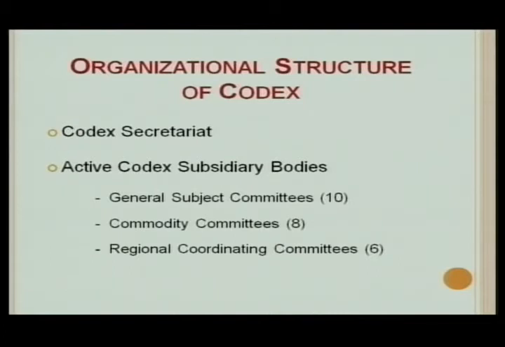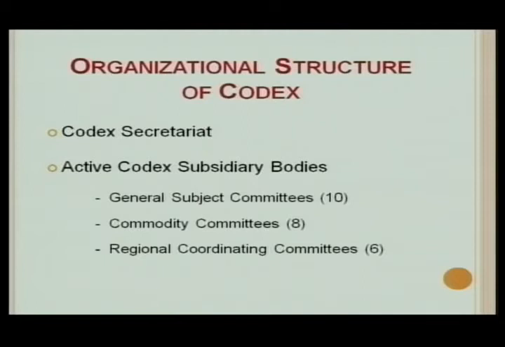There are general subject committees, for example pesticide residue, food hygiene, veterinary drugs, general principles, and there are commodity committees, like the Fruits and Vegetables Committee, Processed Fruits and Vegetables Committee, Fish Committee, Fats and Oils Committee, Milk Committee. So they are vertical committees, the commodity committees. But the general subject committees set standards which apply across all commodities, across all verticals.